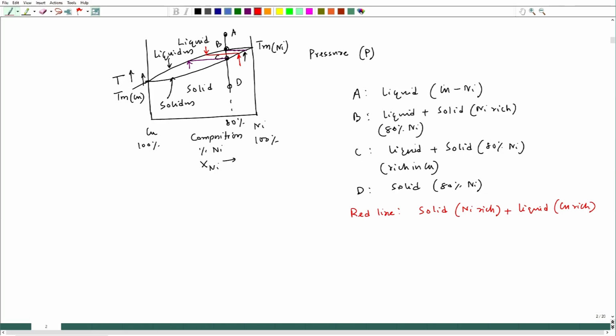And we can also find out the relative fraction of those phases. In fact, all throughout that vertical line A to D, we can determine the fraction of different phases. So, that is also the beauty of the phase diagram. I can understand phase transformation, I can understand the fraction of different phases, as well as which will be nickel rich and which will be copper rich.